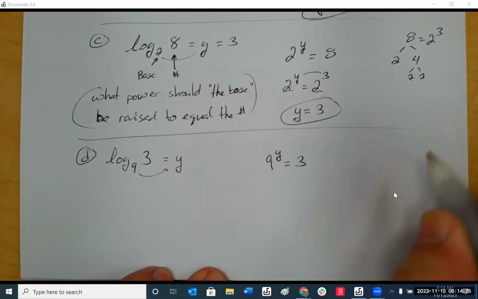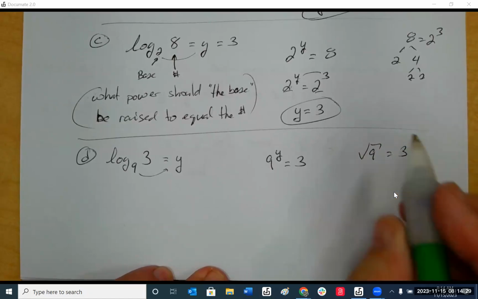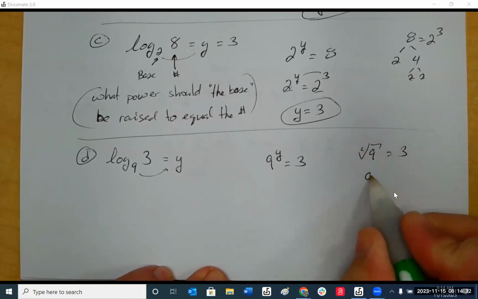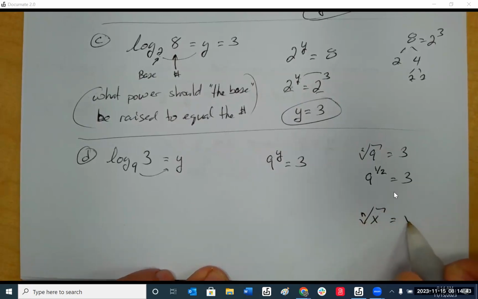How do we get from 9 to 3? We know that the square root of 9 is 3. And since this is a square root, that means it's a 1/2 power. Whatever the root is always goes on the bottom.